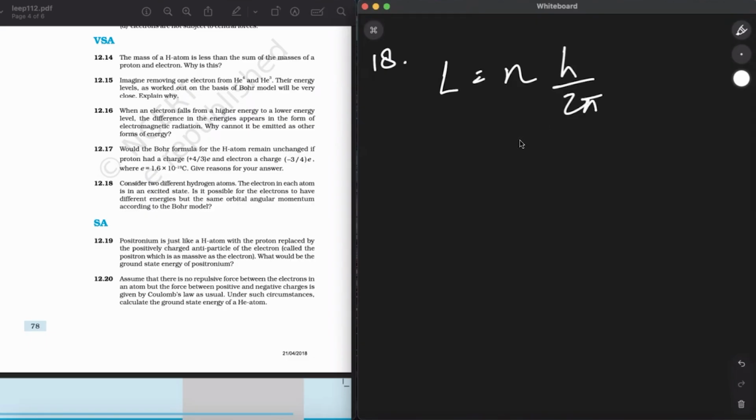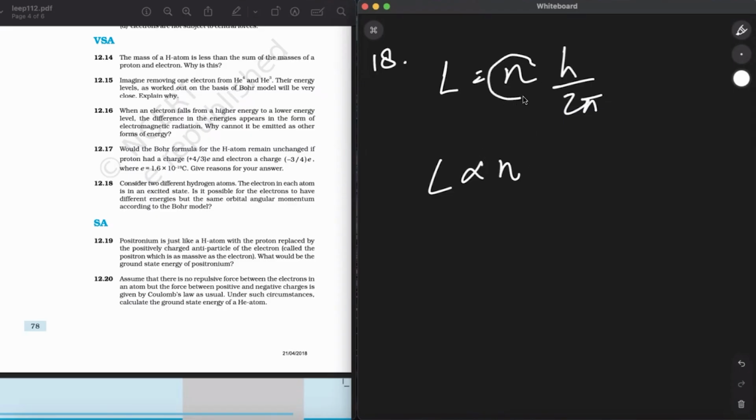According to Bohr's model, electrons having different energy levels will have different values of n, and L is proportional to n. So the electrons having different energies will be in different energy levels. They will have different values of n, hence different values of angular momentum L. Hence it is not possible for the electron to have different energy but the same angular momentum according to the Bohr model.